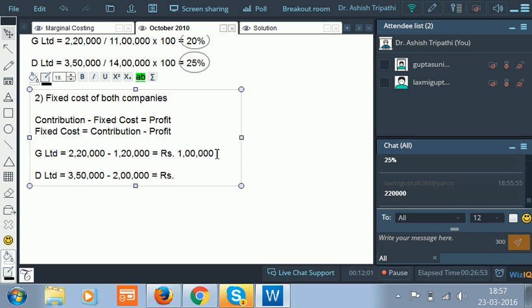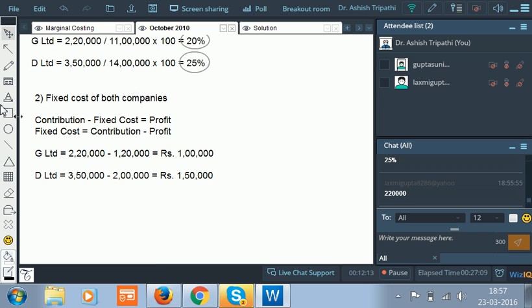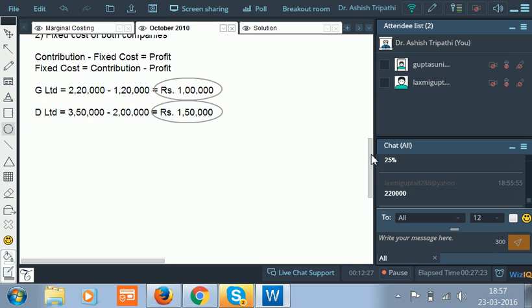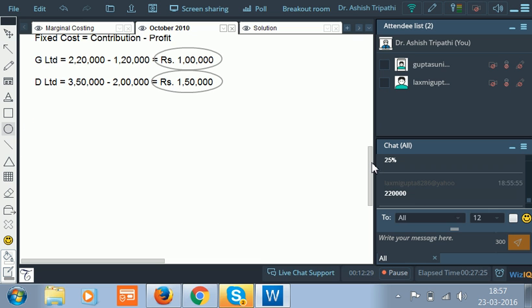That is equal to rupees 3,50,000 minus 2 lakh will give you 1,50,000. So we were able to calculate the fixed cost of G Limited as well as the fixed cost of D Limited. So we have solved the second part also. I hope you are understanding.